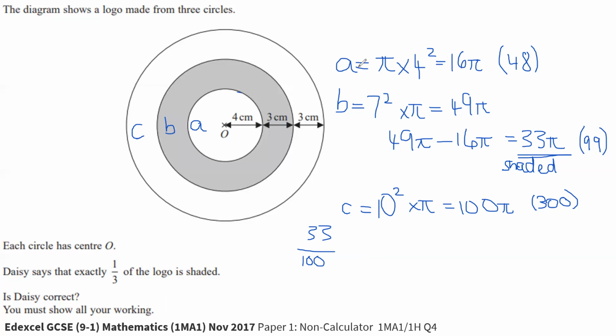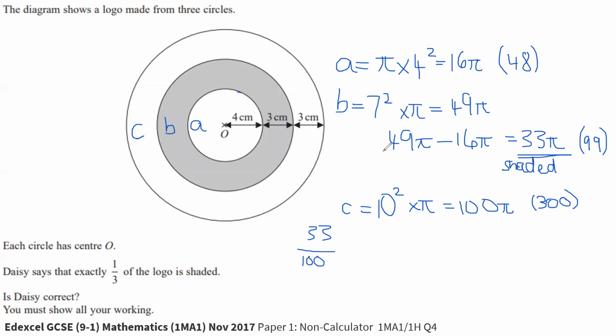You're so used to, when you're doing circle questions, immediately putting the calculation into your calculator and getting an exact answer, with loads and loads of digits on the end, that we forget that we can actually do it without a calculator, either by using an approximation or by just leaving things in terms of pi, and that is absolutely fine.